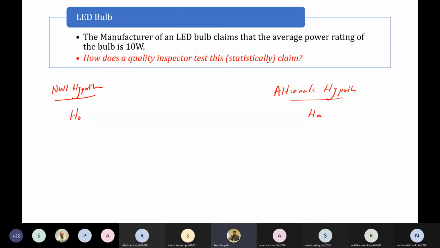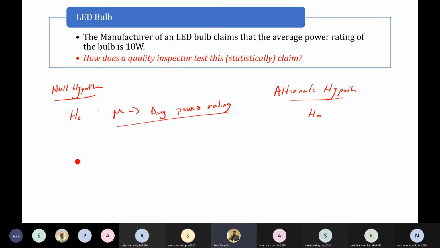So you need to define the null hypothesis such that it always has an equality sign. For example, in this case, the manufacturer of an LED bulb claims that the average power rating of the bulb is 10 watts. So the null hypothesis, if I take mu as the parameter, is what we call the average power rating, right?